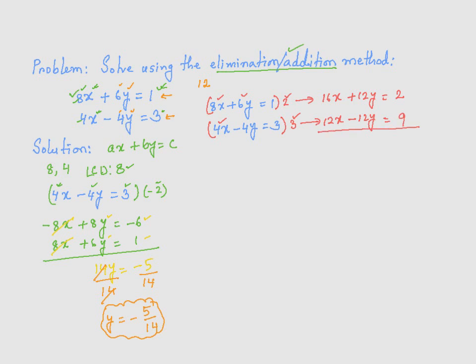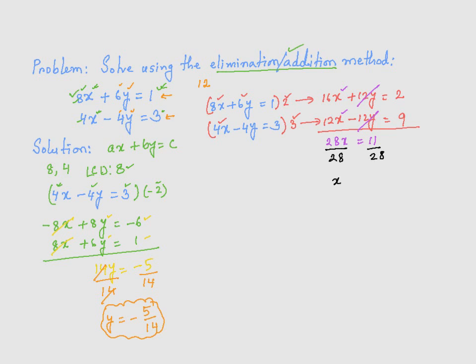Now, if we look at this, we notice the following. Positive 12y and negative 12y cancel out. 16x plus 12x is 28x is equal to 11. Now I divide both sides of this equation by 28.